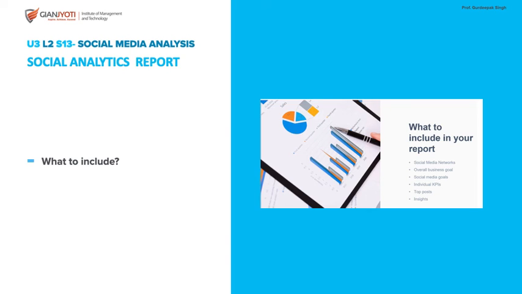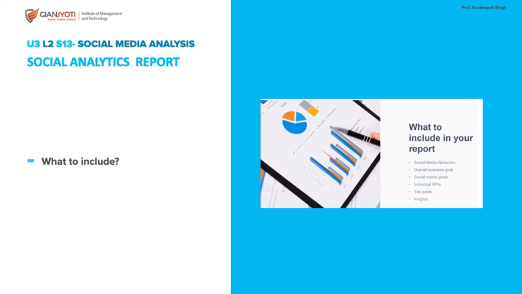Now, as a social media analyst, you need to put up a report on social media, and what you must include in the report are the following 6 things: the networks that you are going to use, overall business goal, then the social media goal, and for each goal, individual KPIs, then the campaigns that you would like to run and the posts, and then the insights, that is how they are performing.